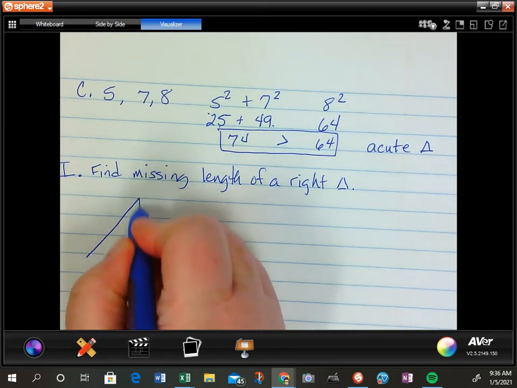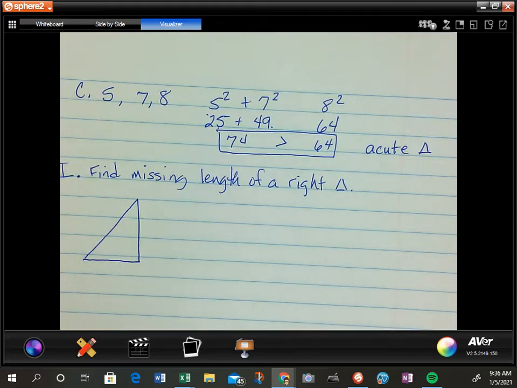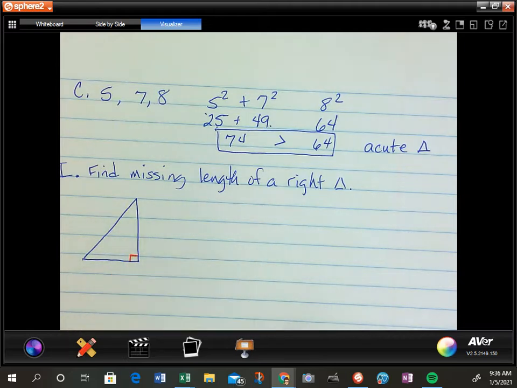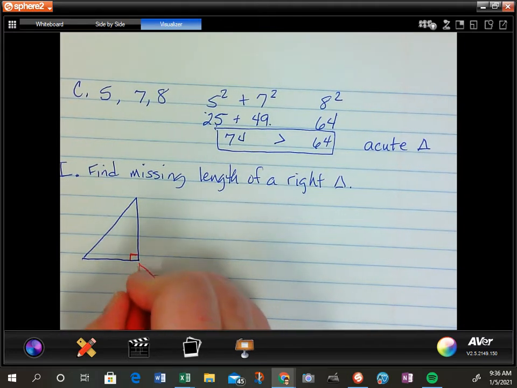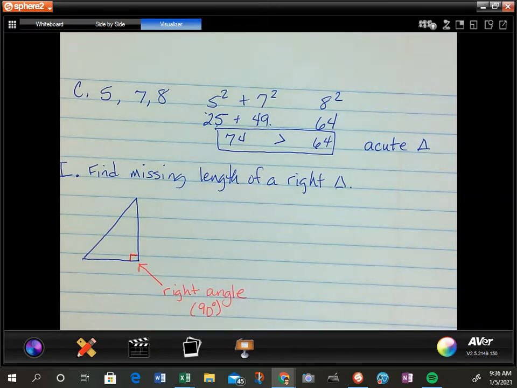So let's draw a right triangle. Label the parts. There's the right angle. A right angle is 90 degrees.